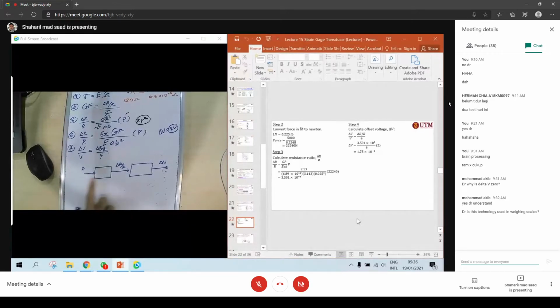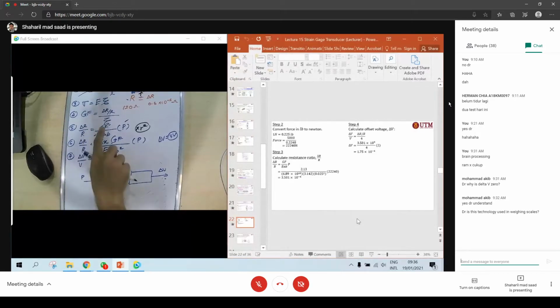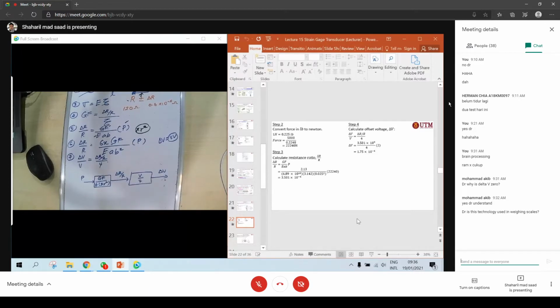P gives you delta R over R, by formula number 5, GF over E pi r squared for the rod, and this gives you V over 4. So you multiply V over 4 with delta R over R, then you can get delta V. So the input is 240 Newton.